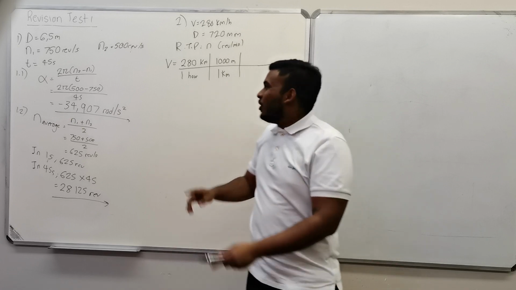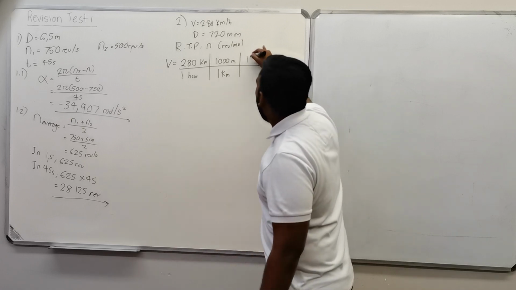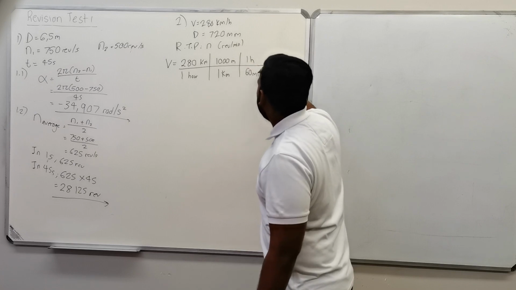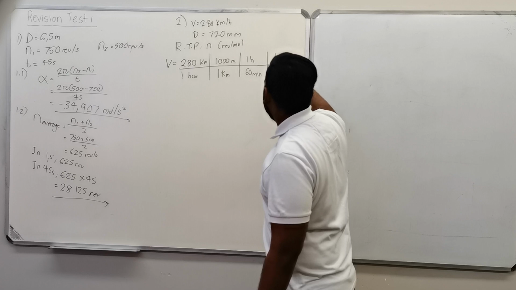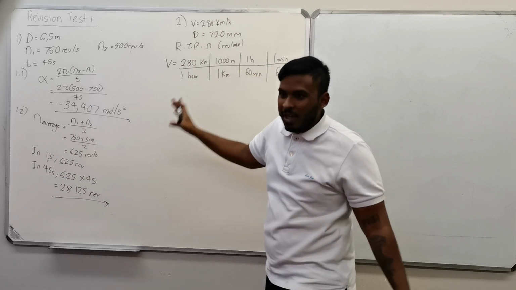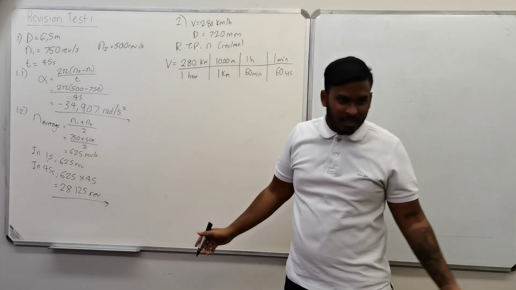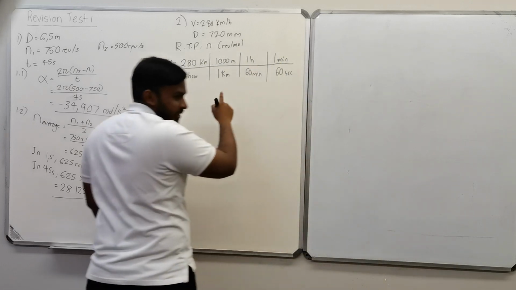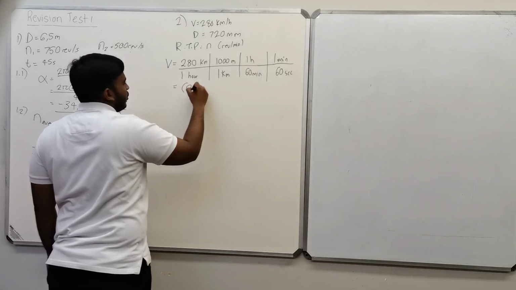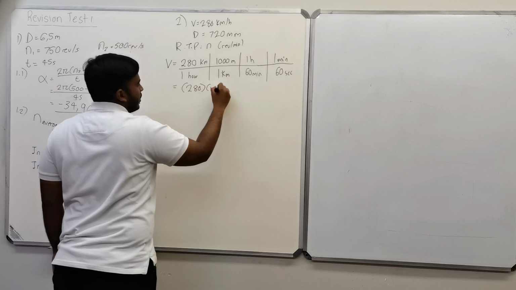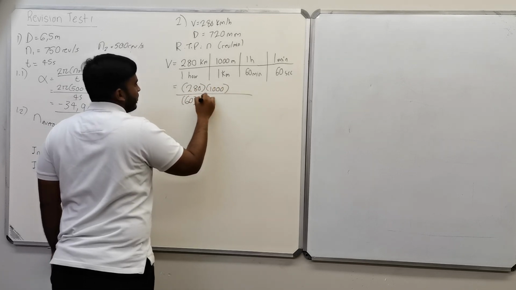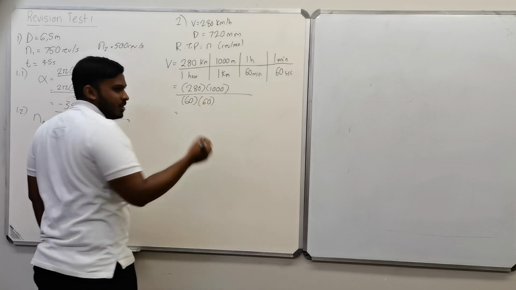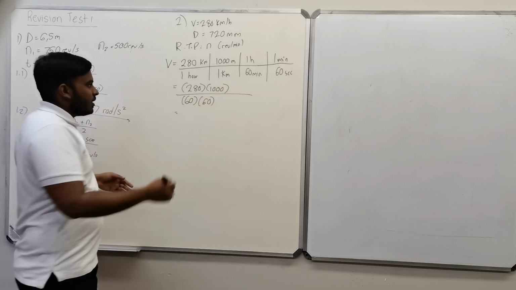You could either say 1 hour is equal to 60 minutes, and then 1 minute is equal to 60 seconds, or you could have just said 1 hour is equal to 3,600. So if you were putting it in your calculator, you would have said 280 times 1,000 all over 60 times 60.